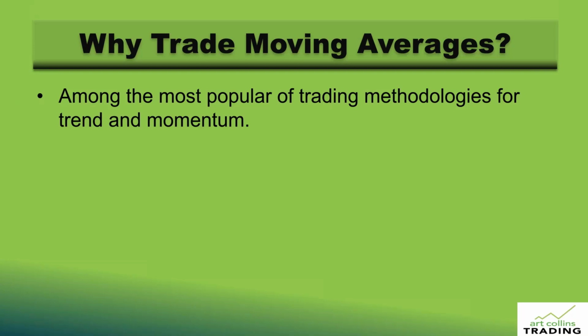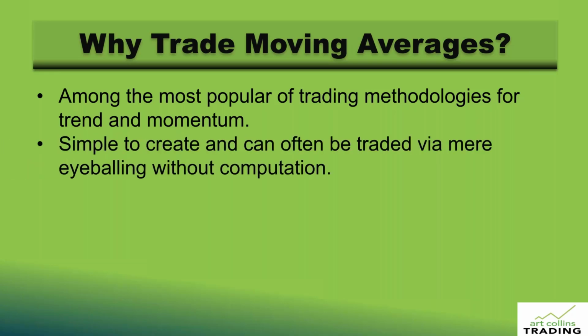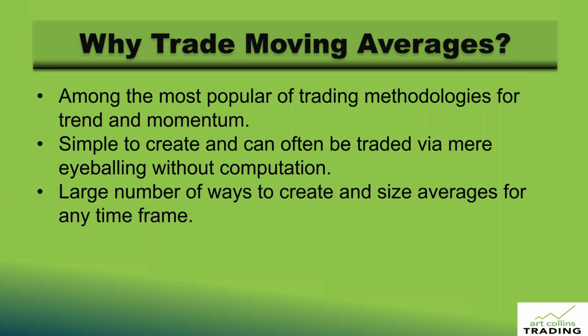Among the most popular of trading methodologies for trend and momentum is the moving average crossover. It's simple to create, can often be traded via mere eyeballing without computation. And here's the thing, if you're a research nerd and you just love seeing results spit out at you, there's just such a large number of ways to create them.